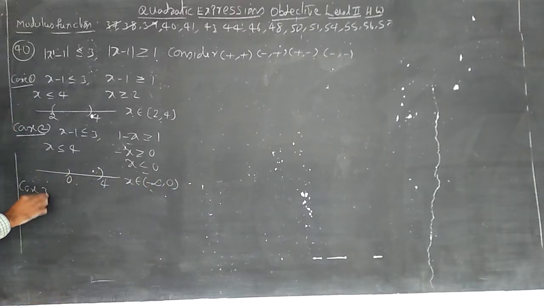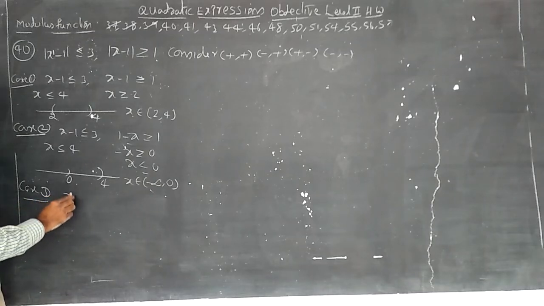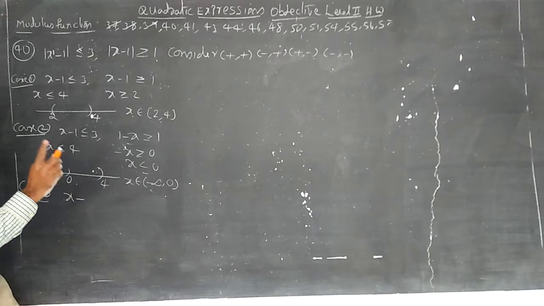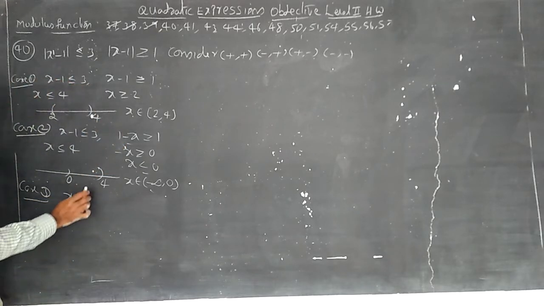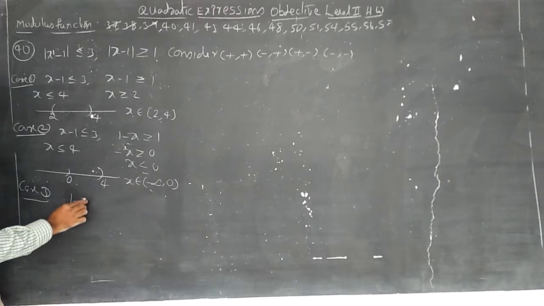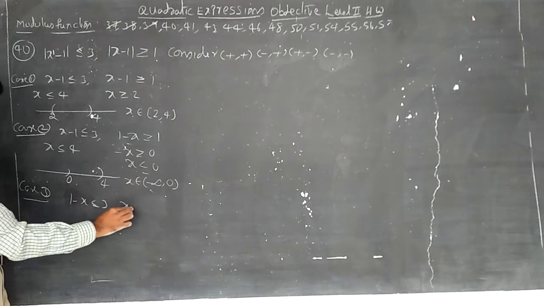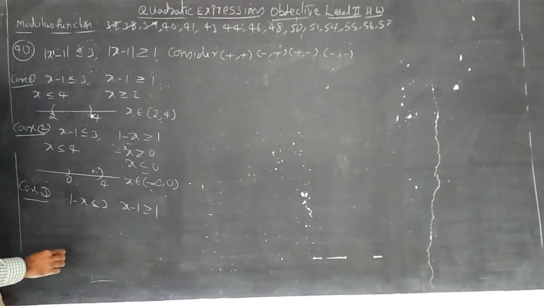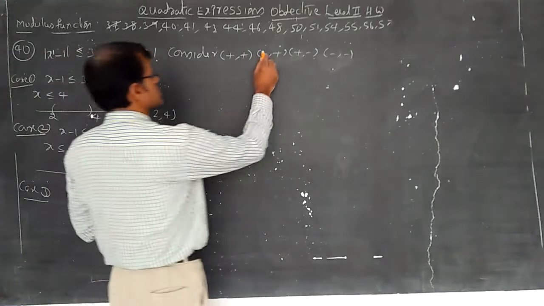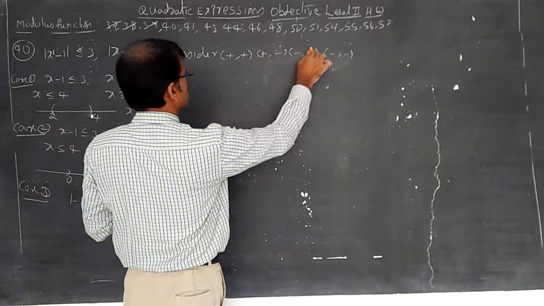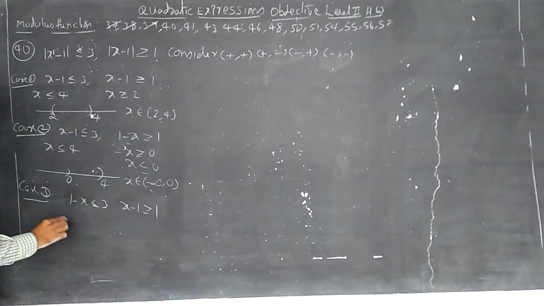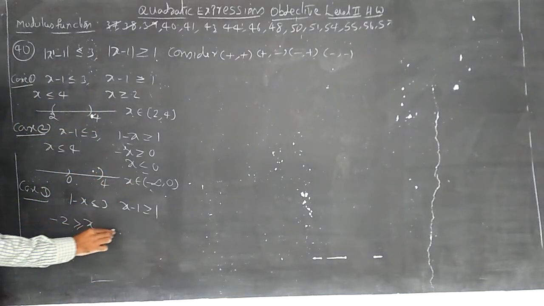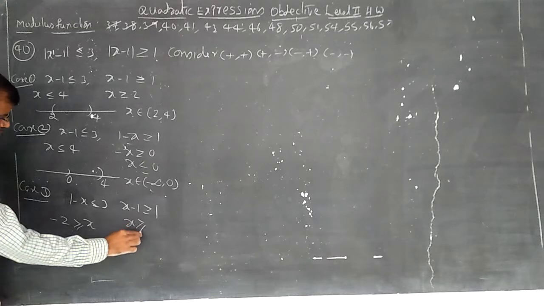Next, case 3. Minus plus. Plus minus I have taken already, now I am taking minus plus. Then we can write 1 minus x less than or equal to 3 and x minus 1 greater than or equal to 1. Here you can write minus 2 less than or equal to x, and x greater than or equal to 2.